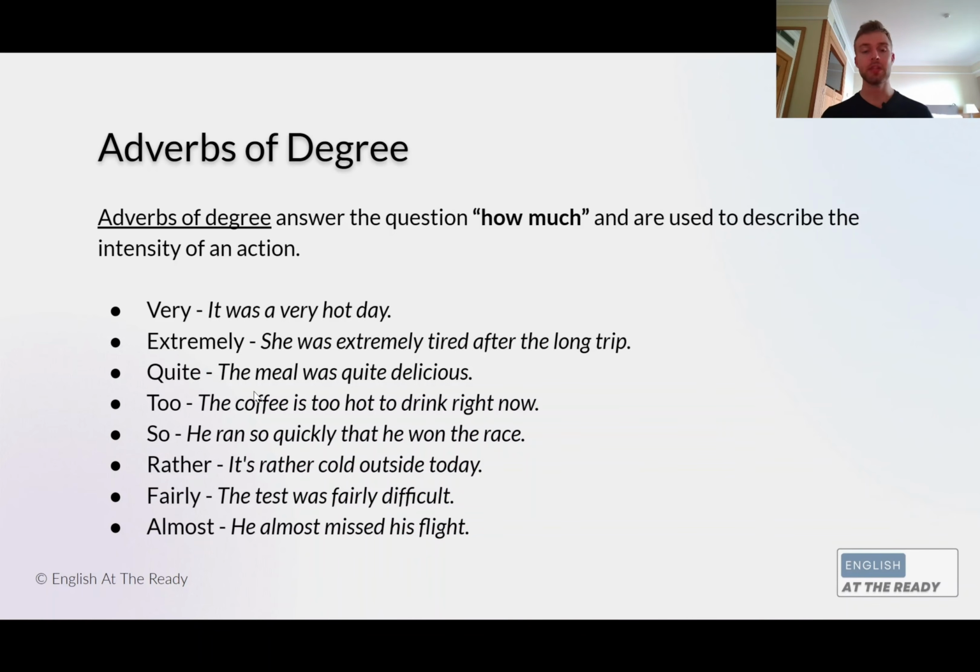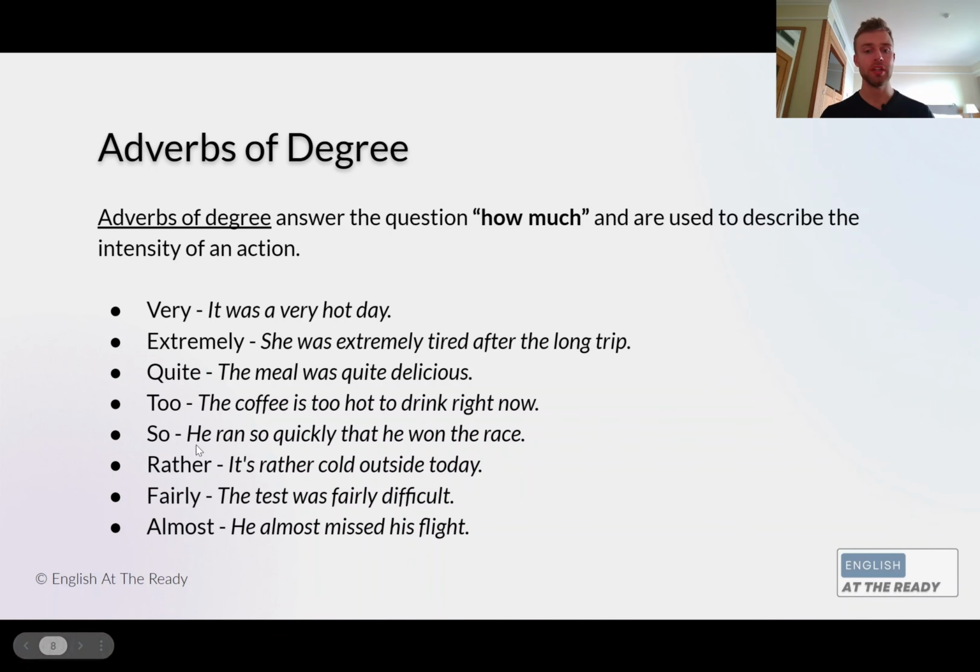Same with extremely. She was extremely tired after the long trip. Quite. The meal was quite delicious. Now, this is not pronounced like quiet. We say quite, okay? Quite. The meal was quite delicious. Too. The coffee is too hot to drink right now. So that's a negative thing. You cannot drink the coffee. It's too hot.